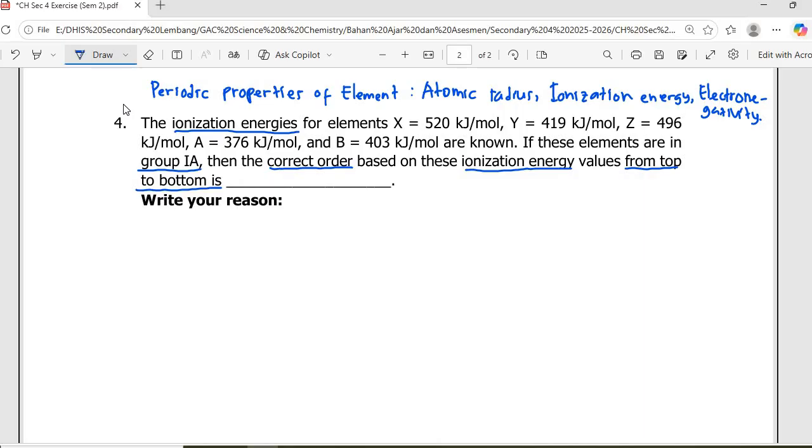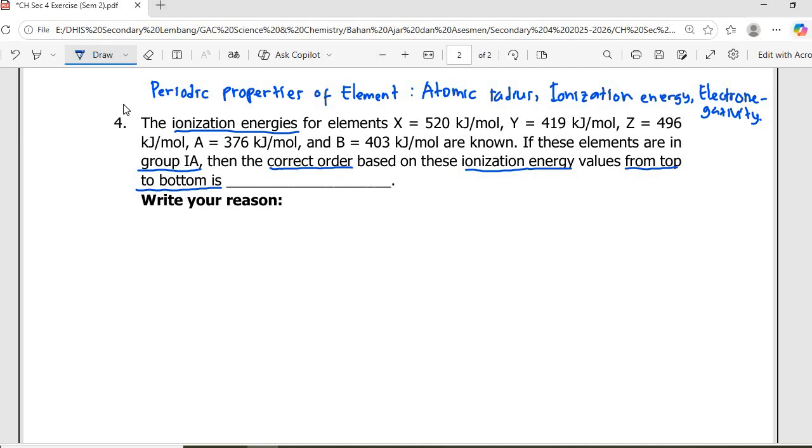By this question, you will be provided with some ionization energy data for some elements, and then you have to arrange the correct order based on ionization energy. The clue is that all of these elements are located in group 1A.